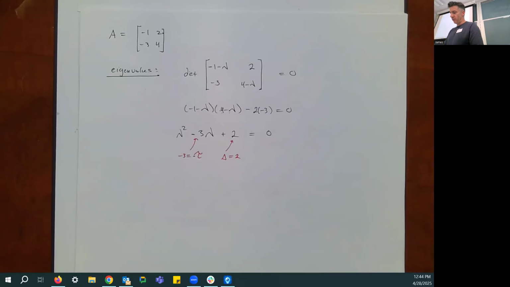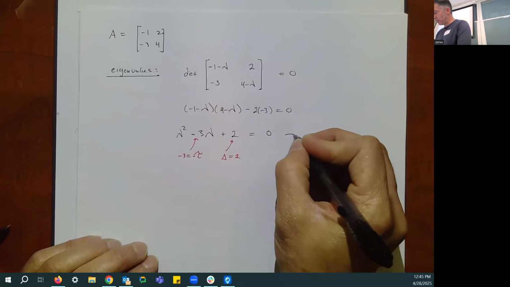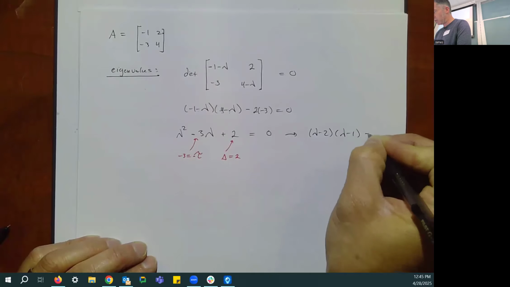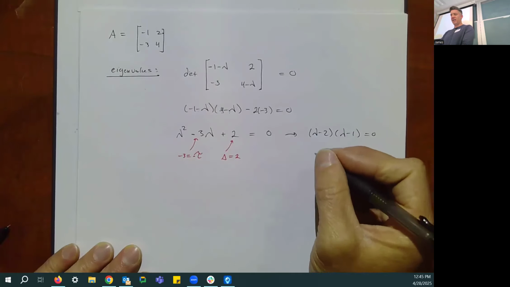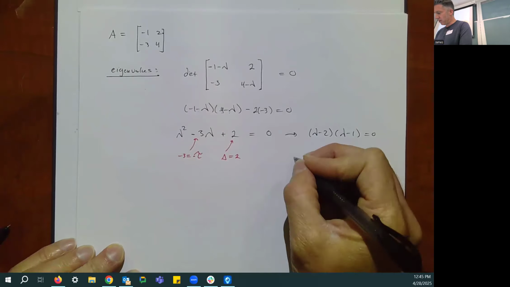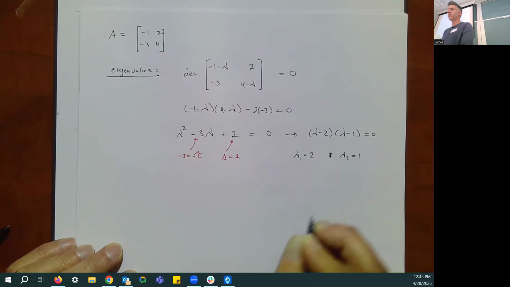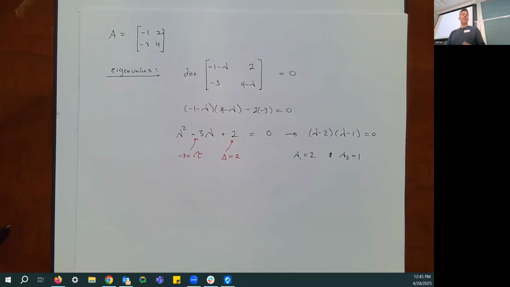Factoring that, we end up getting (lambda - 2) times (lambda - 1) equals 0. So our eigenvalues, kind of confusingly, are lambda 1 equal to 2 and lambda 2 equal to 1. Again, I'm going with the convention that lambda 1 is the bigger of them. Not super important, but it's usually a good idea.